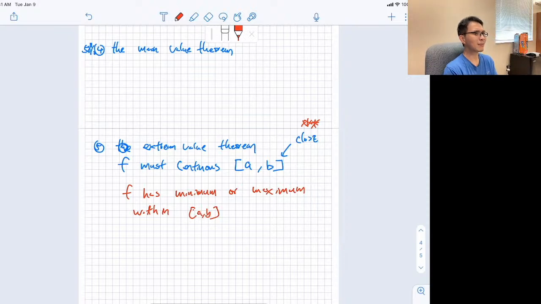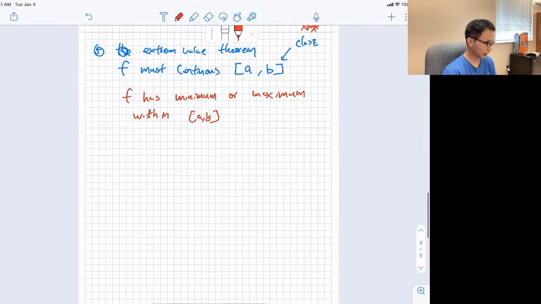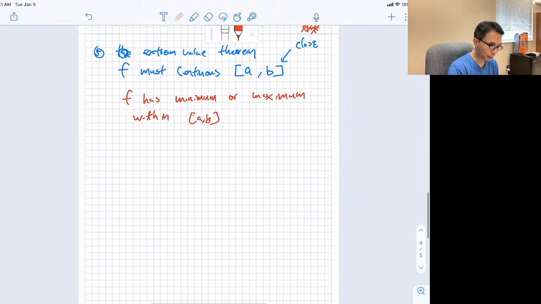And you're going to be like, how can a graph have no minimum, no maximum? How is that possible? I'm going to show you two cases where that's possible. One is they are not continuous. If it's not continuous, then maybe between a and b there is a vertical asymptote, something like this.